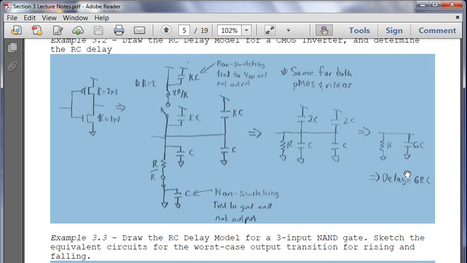So for a 3-input NAND gate, you have an instance where you have 1, 1, 1, right? And that's the only instance where you have a 0 on the output. So what happens if you switch one of the inputs? Then you start having to worry about, well, now we have to go up to the pull-up network. Then you have to deal with the max. 2 of them are still going to be on because 2 of the NMOS transistors are still on, but 1 of the PMOS transistors has to be switched.